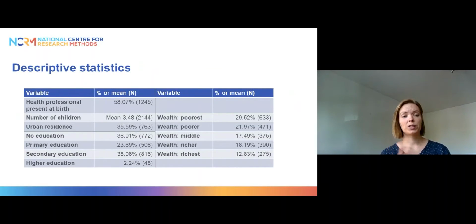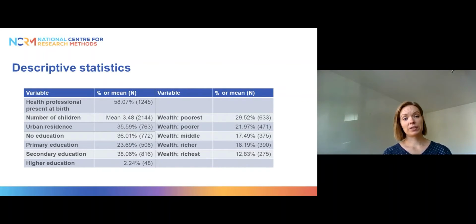Here is some information about how these variables are distributed in our dataset. When it comes to our outcome or dependent variable, whether the woman received assistance from a healthcare professional in their most recent birth, 58% of the women received assistance from a healthcare professional. The other side of the coin is that 42% did not receive help from a healthcare professional in their most recent birth.